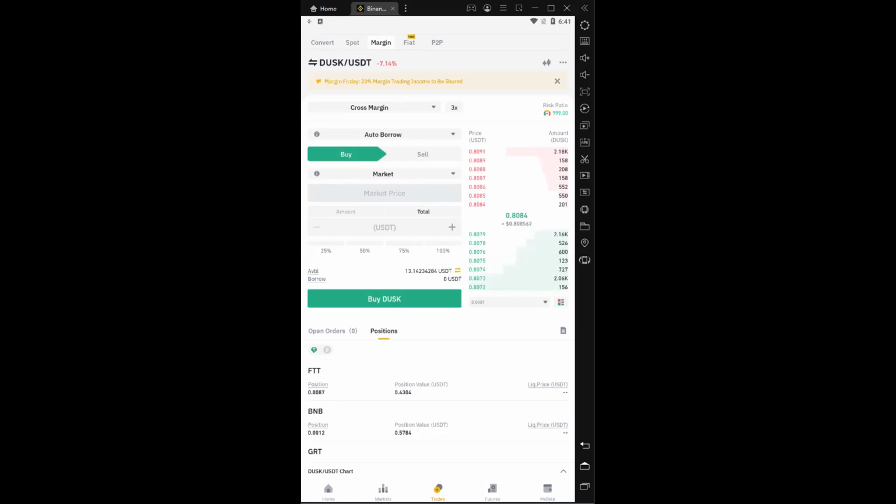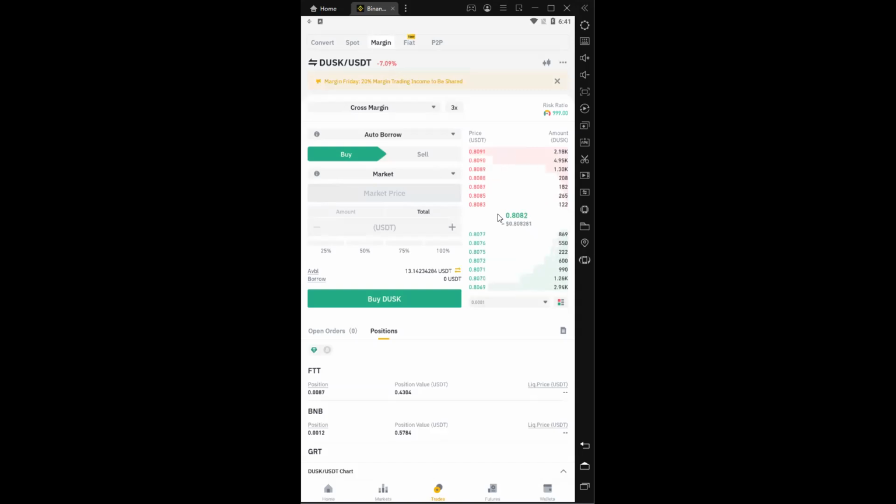Okay, so as I was explaining, with margin trading you are borrowing money. You are using your money as collateral to borrow more money, such that if you have $100 times 3, that means you are borrowing $200 more, which means that instead of having $100 to trade, you now have $300.